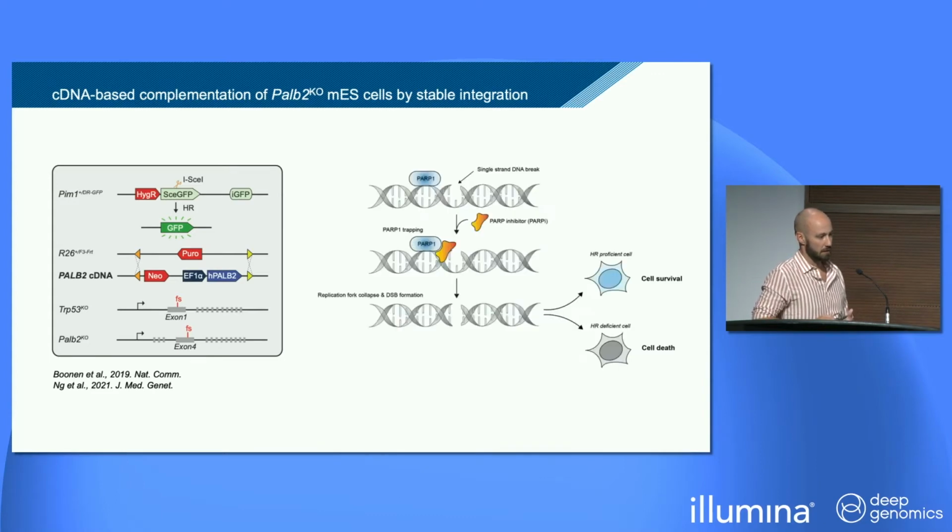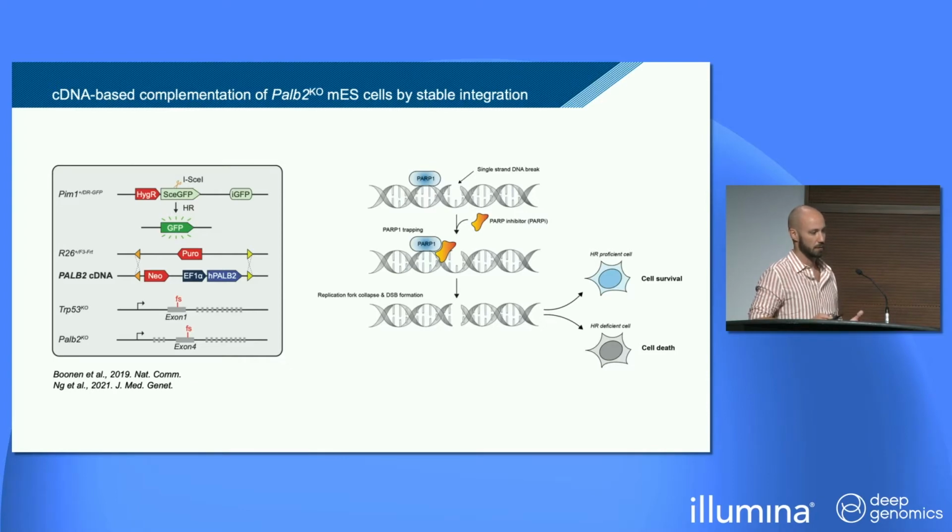As a second functional readout, we can also use sensitivity to the PARP inhibitor. If we treat cells with a PARP inhibitor, then PARP1 will be trapped near sites of single-stranded DNA breaks. That trapping can result in the formation of a double-stranded break at those sites during replication.